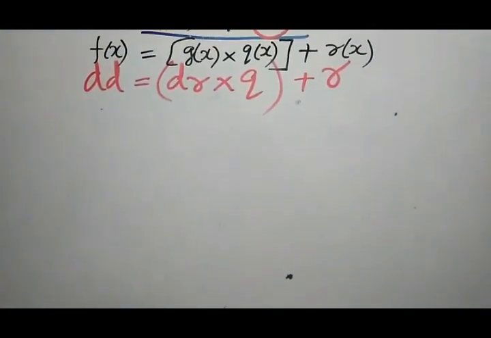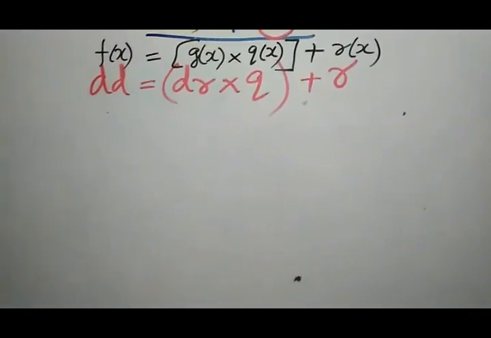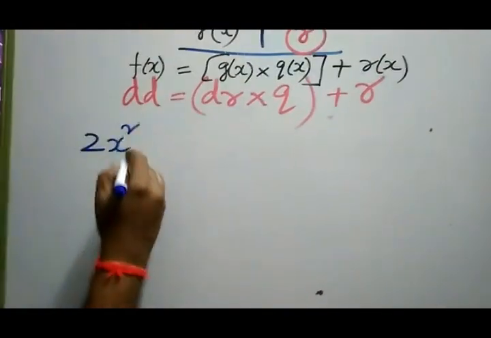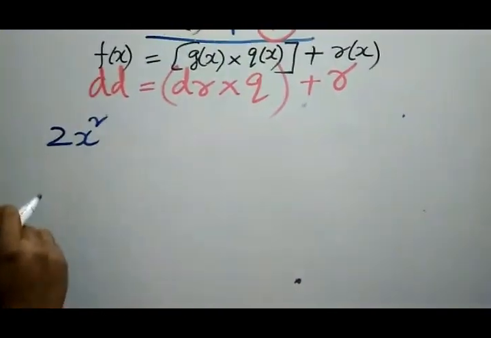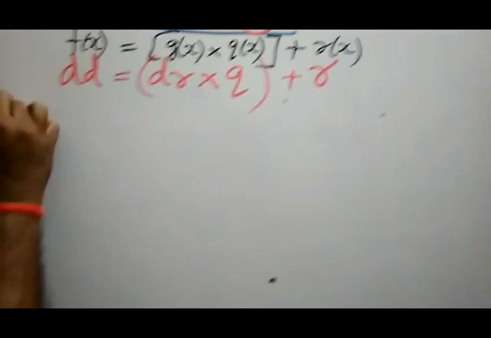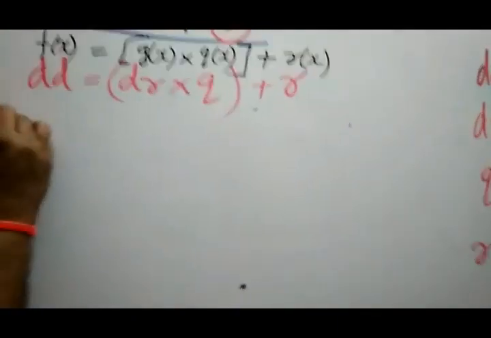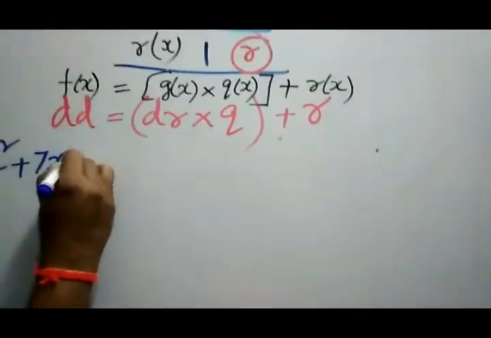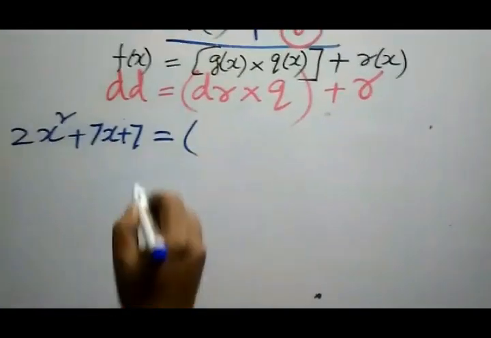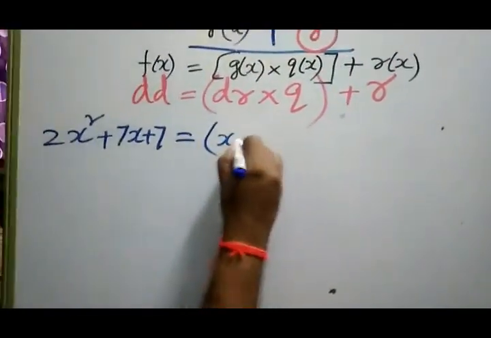Now, what is the dividend? Dividend is 2x square plus 7x plus 7. What is the divisor? Divisor is x plus 2.